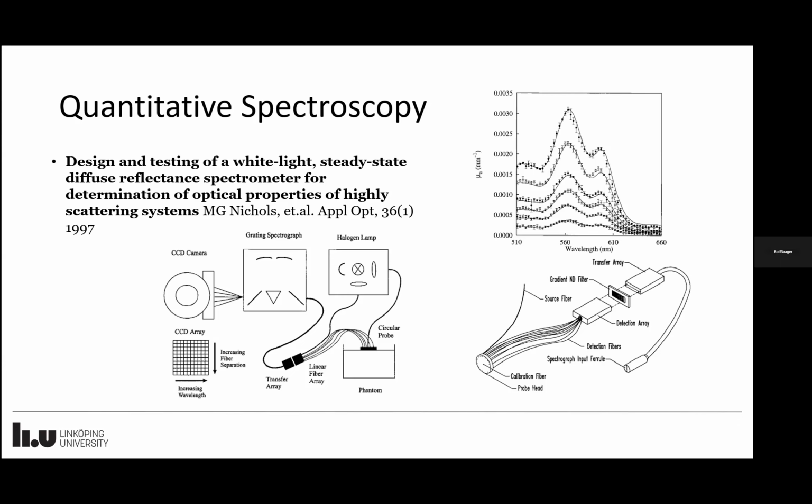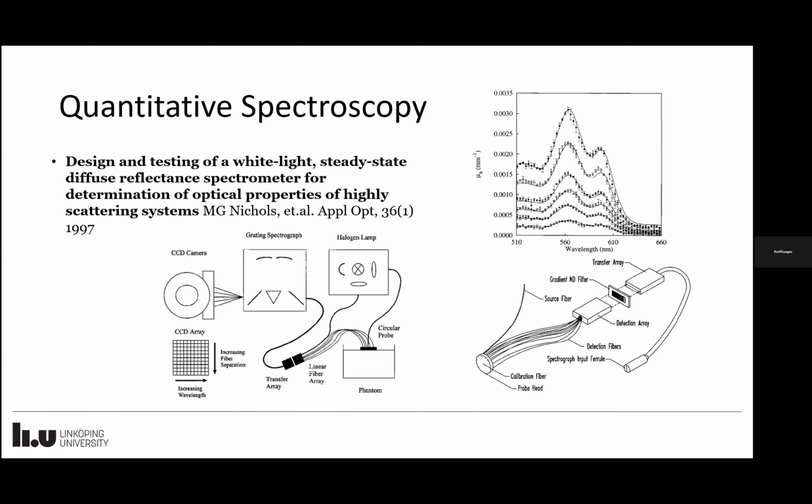Then they took these fibers and put them into a coherent array so they could send each fiber into a spectrograph where each linear array of the spectrometer correlated to a specific fiber, so a specific distance. So you can get multiple distances and high spectral resolution for all these cases.